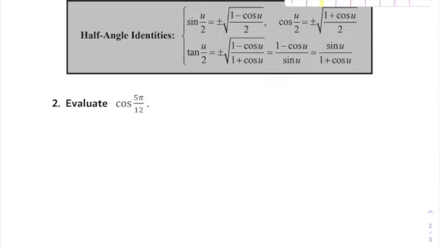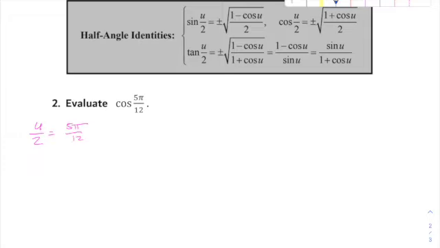So you can also do half angles for denominators of 12, because again, 5 pi over 12 is not a nice angle, but it's half of a nice angle. It's half of 5 pi over 6. And again, if you have trouble doing that in your head, you can always say u over 2 is equivalent to 5 pi over 12.